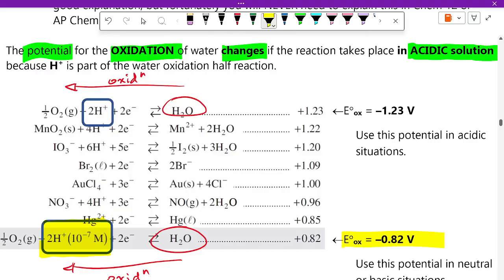But if we have more hydrogen, is hydrogen a reactant or a product in this situation? It is a reactant, which means we're increasing concentration of reactant, which means that the Q is getting, is Q getting smaller? Oh, that's not making sense to me anymore.